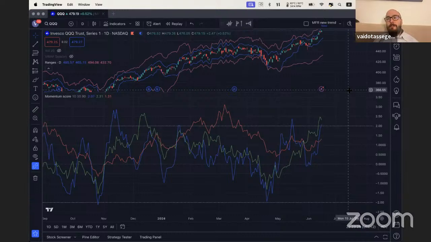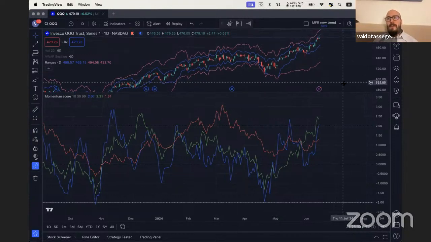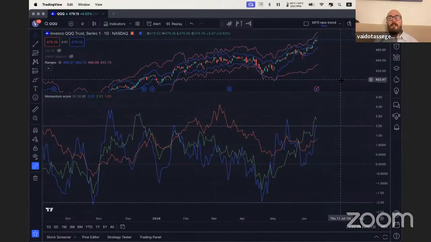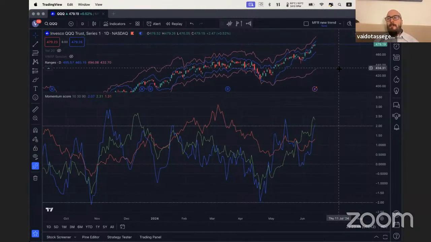That's why it is important to see whether momentum is in your favor or not. But of course, momentum is a velocity. That's why we also need to know how high it is. Because if you see that momentum is positive, it doesn't mean that it's time to simply buy.